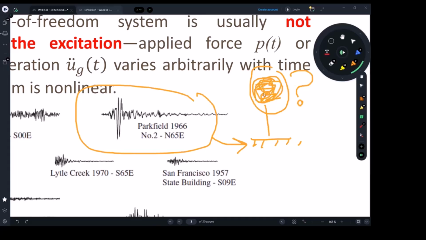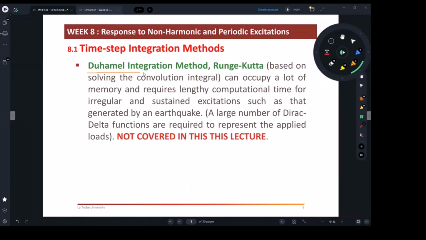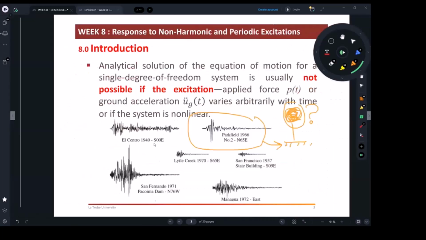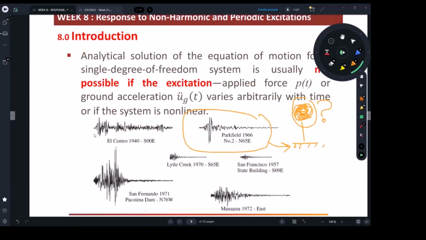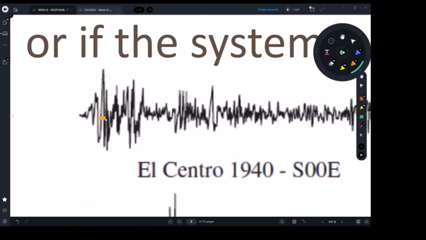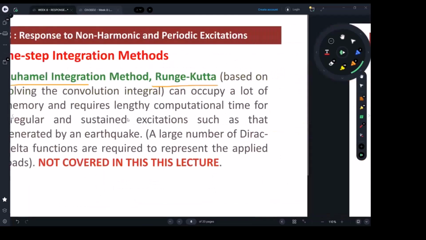That's the aim. There are several methods. As I said, the first one, we've got the Duhamel or Runge-Kutta method. It is very accurate, that's right, but that accuracy will come only under specific conditions, when all your pulses within the time history are below a particular value, when the time of each pulse is within an acceptable time step value, which we cannot guarantee for all cases.